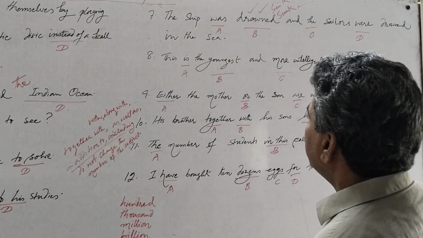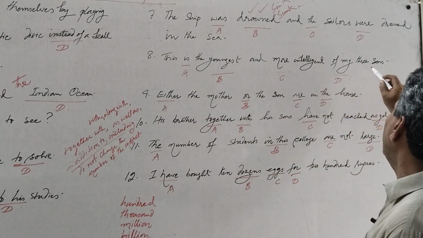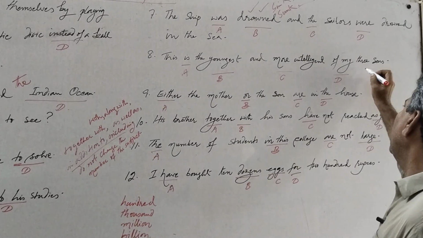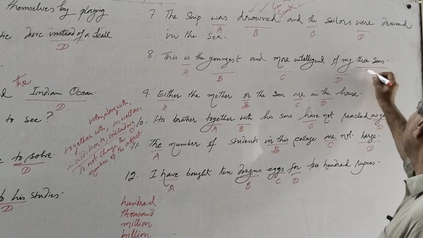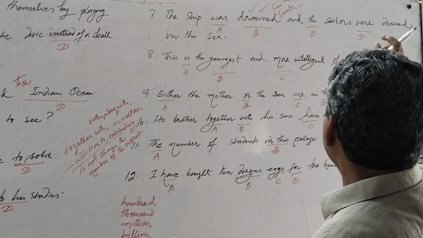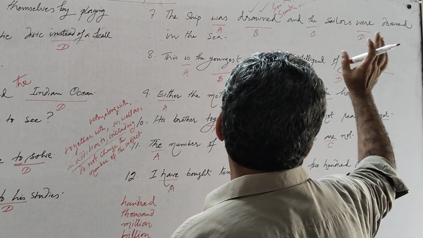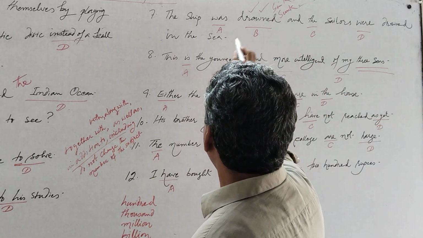In the eighth sentence, this is the youngest and more intelligent of my three sons. So we look here that there are three sons. You know that when more than two persons or things are compared with each other, we use the superlative form.